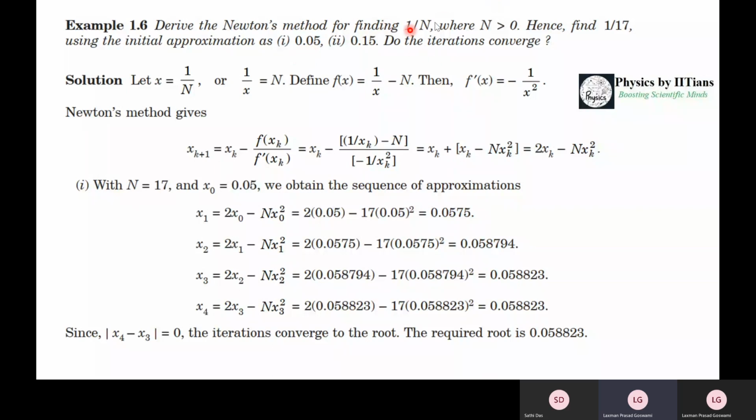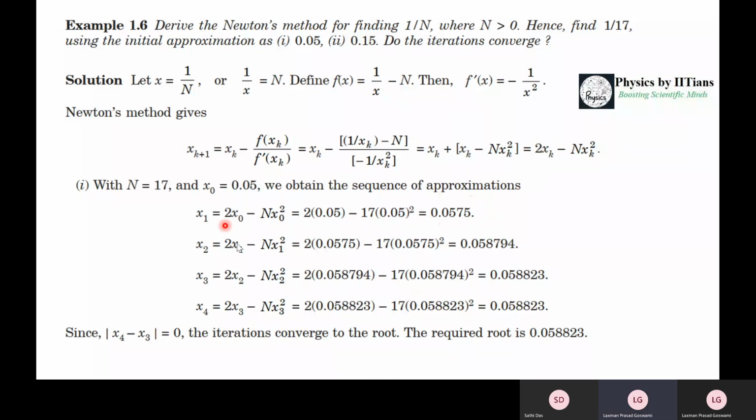We want to find the value of 1 by 17. So x1 will be 2 into 0.05 minus 17 into 0.05 whole square. The first iteration value will be 0.0575.